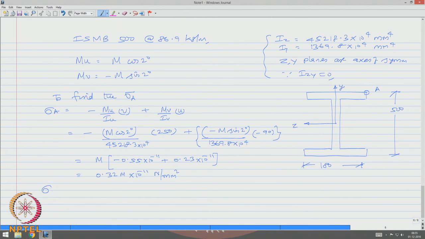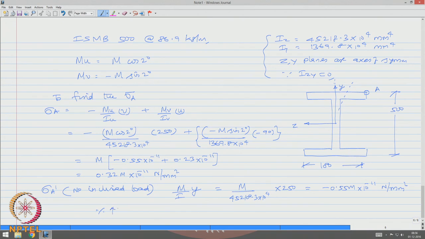Let us now consider sigma A dash, that is no inclined load, which is simply M by I into y, which I can say M by 45218.3 10 power 4 into 250. That is, instead of the load acting at an inclination, the load acts vertical. So, I get this as minus 0.55 M 10 power minus 11 Newton per mm square.